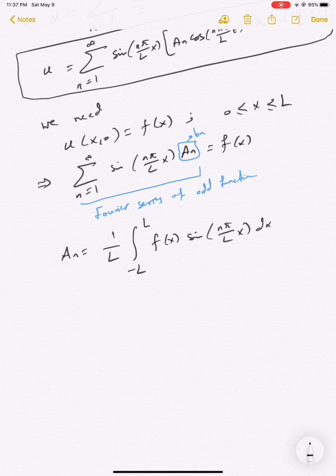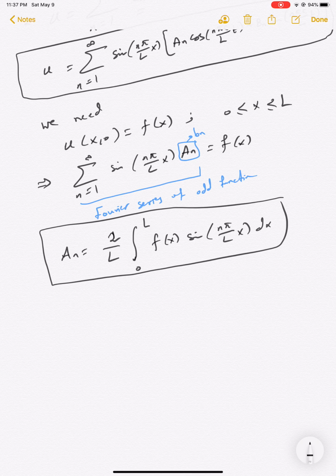But my function f of x is not given on the interval negative L to L, because we agreed from the beginning, this function is given over the string, and the string is placed over the interval 0 to L. But because f is odd, and the sine is odd, the product of two odd functions is even, and the integral of an even function from negative L to L is just double from 0 to L. So basically, this is exactly the formula for an.